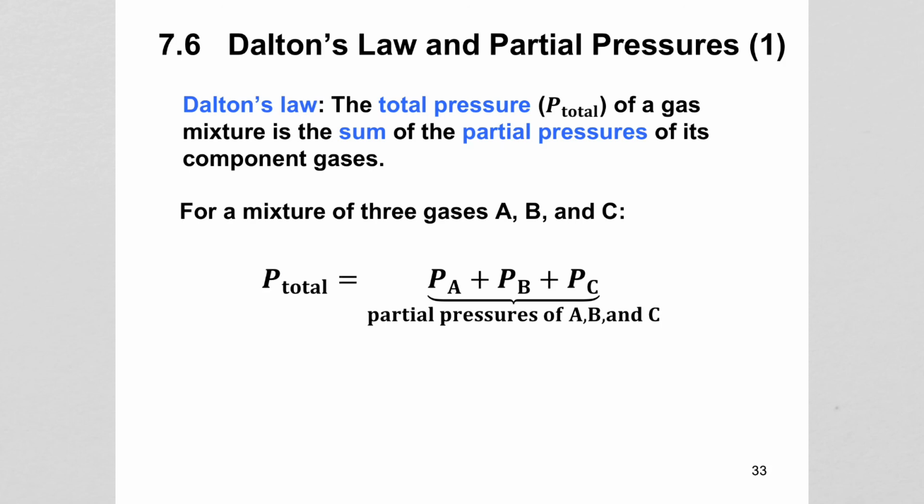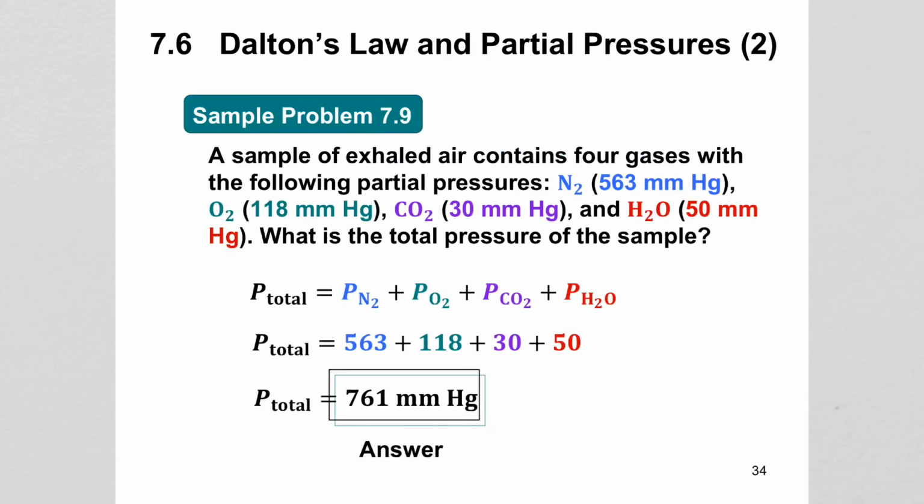Let's see how that works out. Here we have a sample of exhaled air, which contains 4 different gases with their respective partial pressures. We have nitrogen, oxygen, carbon dioxide, and water vapor. And we want to figure out what is the total pressure of the system.